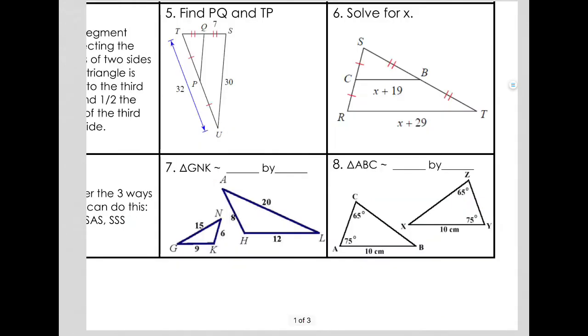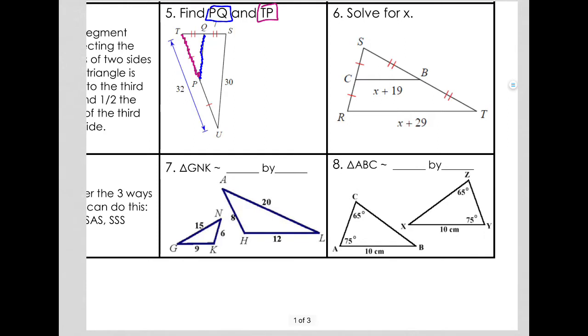Alright, moving right along. For this question, they're giving us some information they want us to find. They want us to find PQ, which is this segment here, and they want us to find TP, which is this piece here. So they give us some good information.